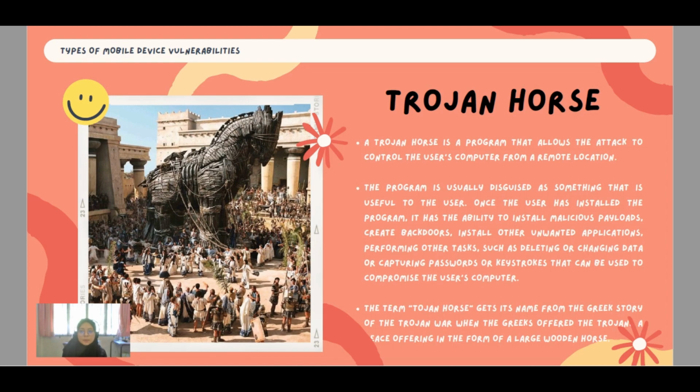So first type of mobile device vulnerabilities is Trojan horse. A Trojan horse is a program that allows the attacker to control the user's computer from a remote location. The program is usually disguised as something that is useful to the user.